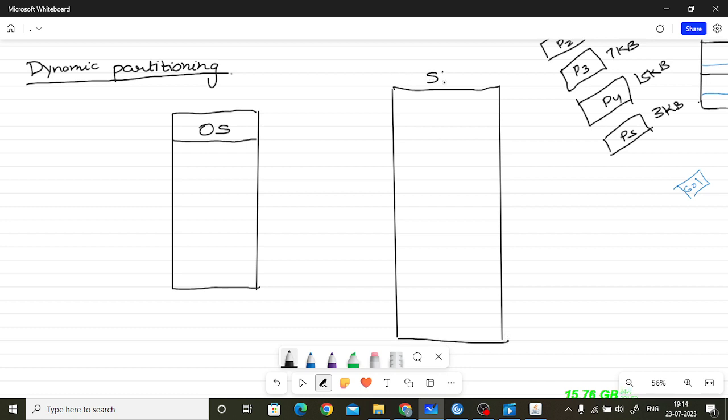So we have various processes like P1, P2, P3, P4, and so on. These processes are of variable size, 2 KB, 4 KB. I am taking these sizes just to explain, but in the current scenario, processes are not 2 KB or 4 KB. They are much bigger, in MBs.